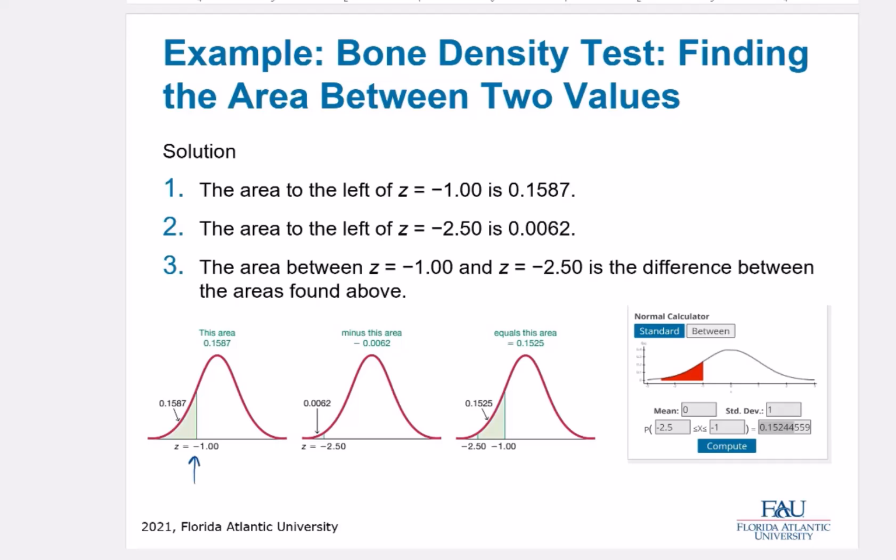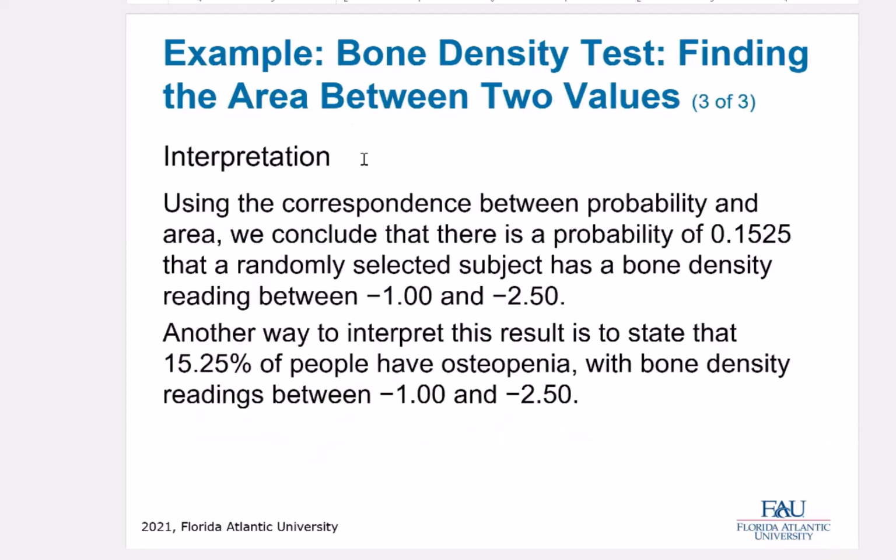Then you'd find the area to the left of -2.5, and you would have to subtract this area from this area, because this area is going all the way to the end, but I want to take off this little piece here at the end, which is from z equals -2.5. That gives me my area of 0.1525, which is a little higher than what we actually got.